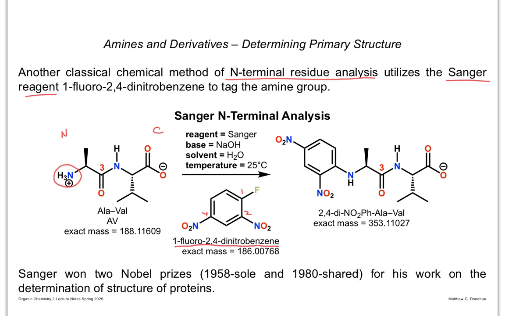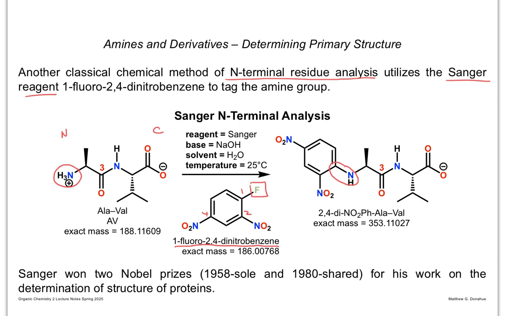So what happens is this fluorine gets substituted. So now you're forming this bond. The fluorine has been displaced, it's substituted by that N-terminal group.